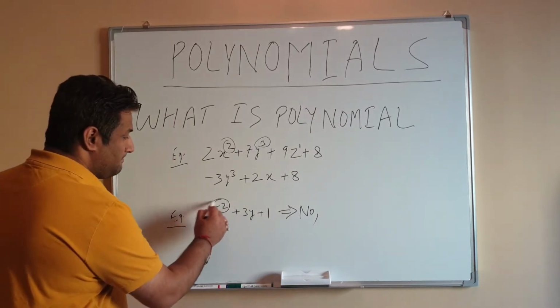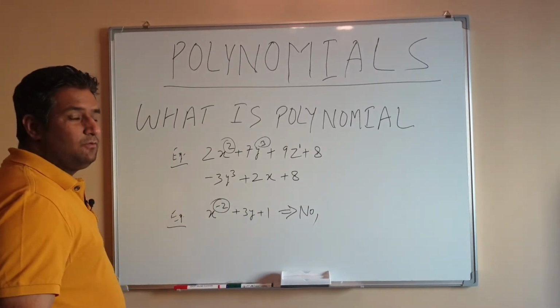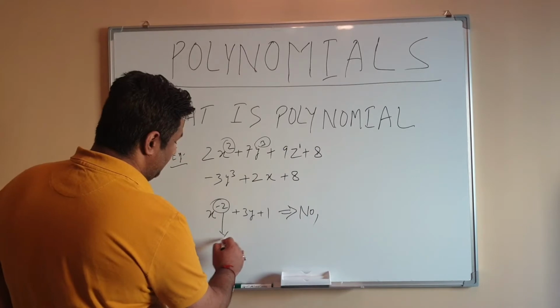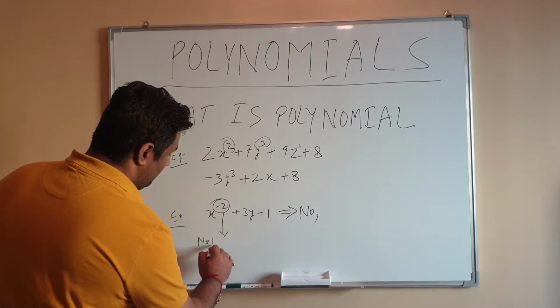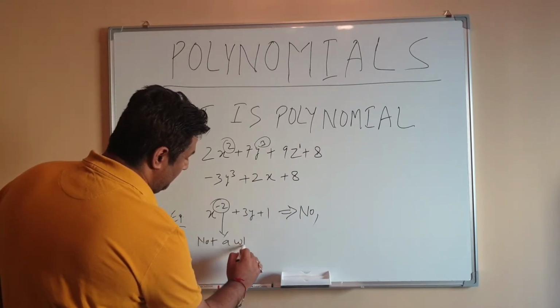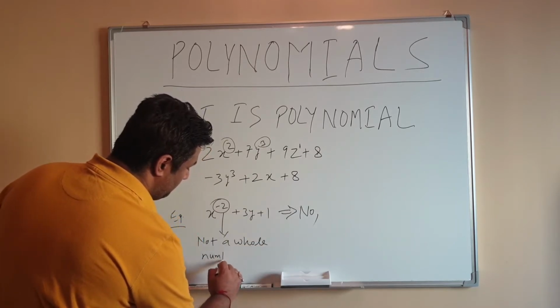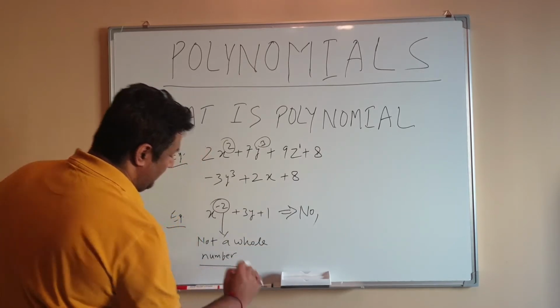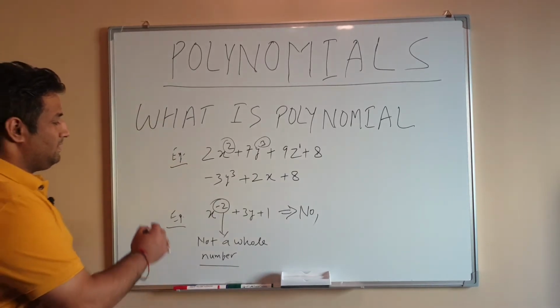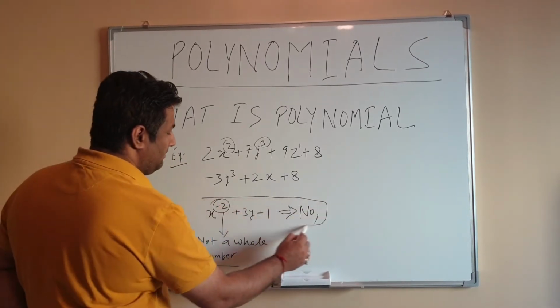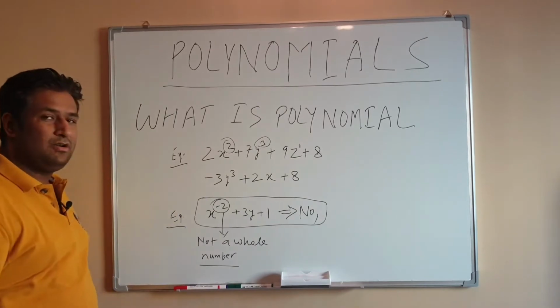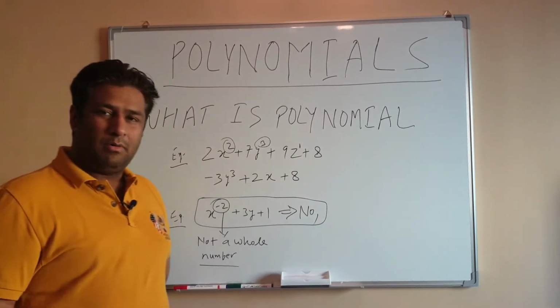Because you have negative 2 over here. Negative 2 is not a whole number, right? So this term is not a polynomial. It does not qualify to be a polynomial.